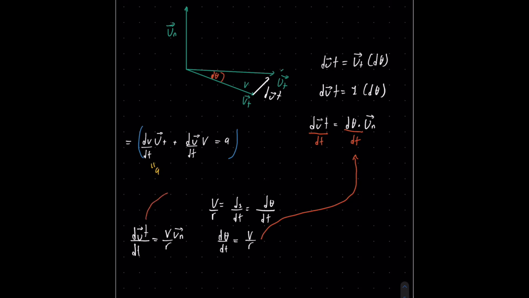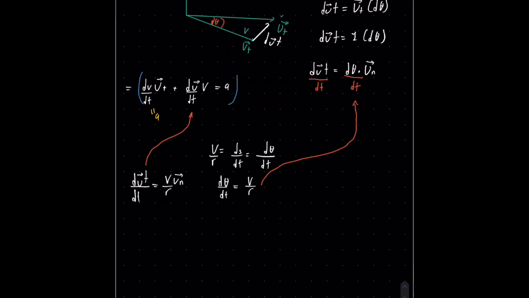And this is plugged into here. So now we actually found our acceleration in the normal direction. This could be written as dv dt in the tangential direction plus velocity squared over the radius in the normal direction.